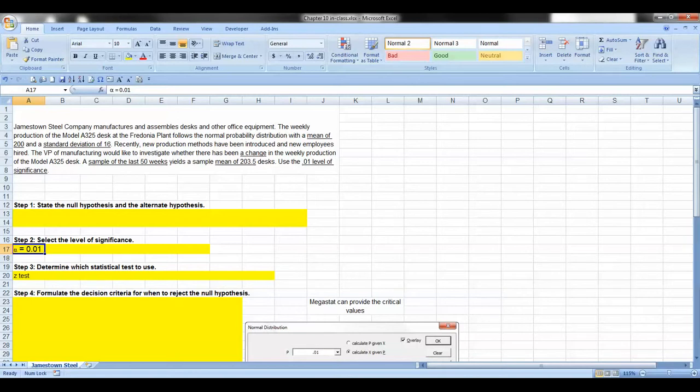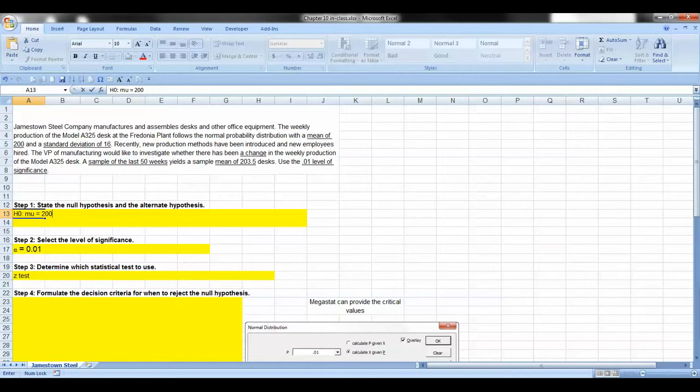We'll take a break. Picking up where we left off, we need to figure out what is our null hypothesis and the alternate hypothesis. So the null hypothesis, assuming that there's nothing going on, our H sub 0, which I won't bother to put as a sub, is that mu is equal to 200.